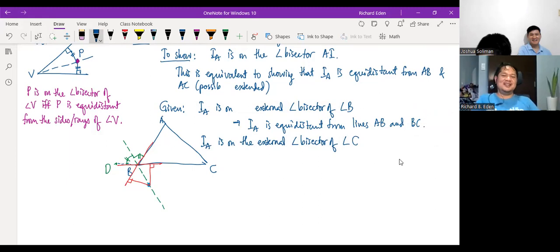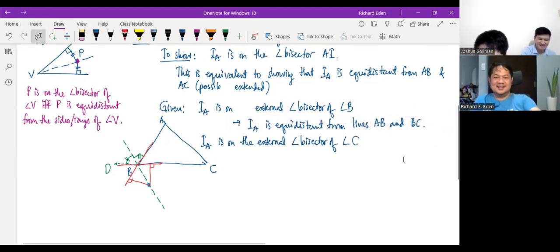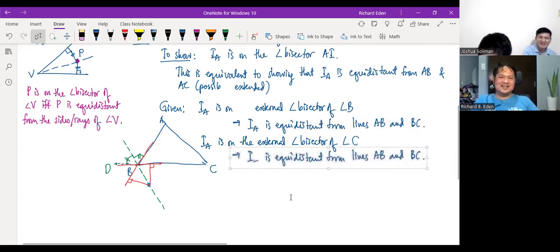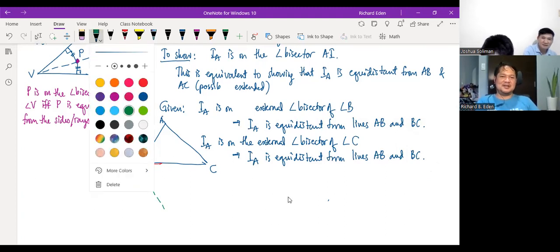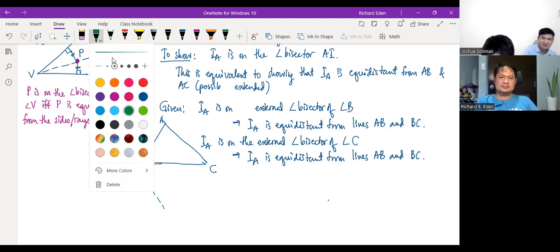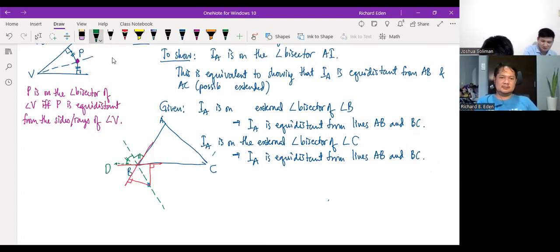So I sub A is on the external angle bisector. Play it before you sleep. Okay, so that means I sub A is equidistant from lines AC and BC.